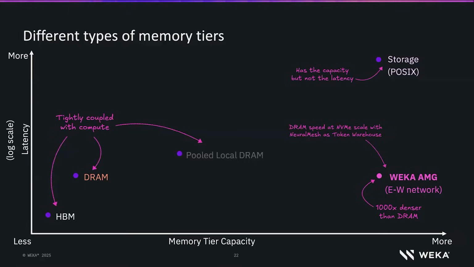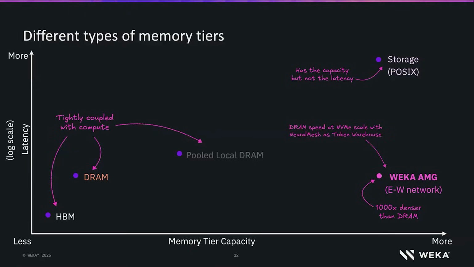It's okay in terms of performance. But the other thing is it's tightly coupled with the compute. So if you want to expand your DRAM, there's not really many good ways to do that. There are some technologies out there that do this, but the way they're implemented, they just hurt your performance. And that's what I'm showing with pooled DRAM. You could pool more together, but it doesn't help that much.